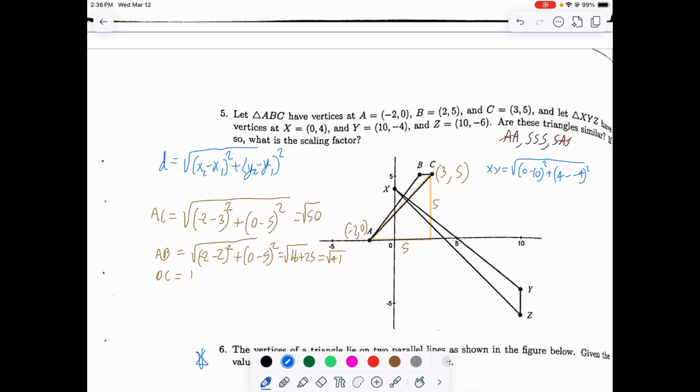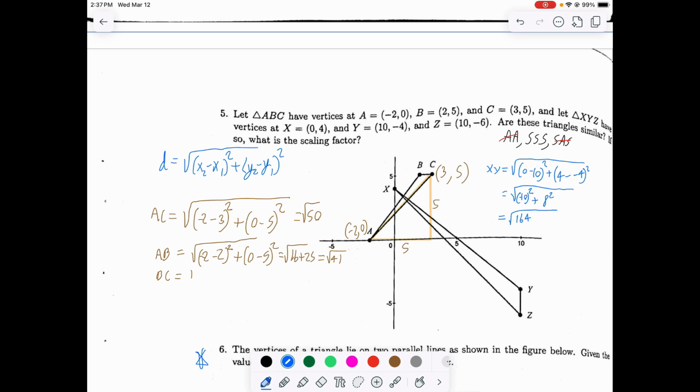Notice those two negatives form a positive, so that's really 4 plus 4. Then we end up with the square root of 10 squared, technically negative 10 squared, but we know that it's going to become a positive, plus 4 plus 4, which is 8 squared. Okay, putting those in there, we get the square root of 100 plus 64, 164.